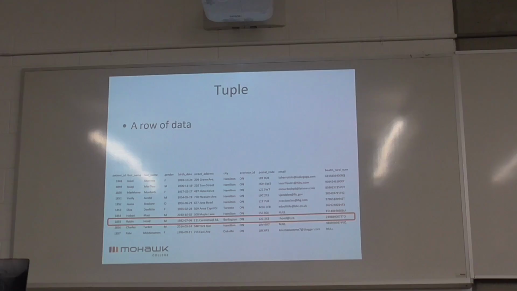So, a row within a table can also be called a tuple. The correct pronunciation is tuple. Anybody who says tuple is wrong. It is tuple.